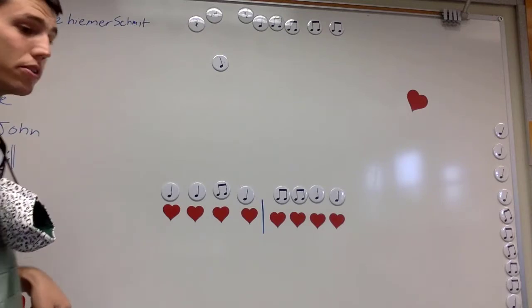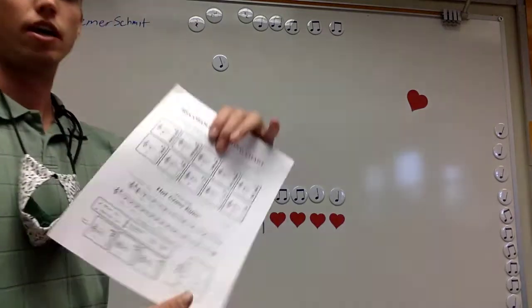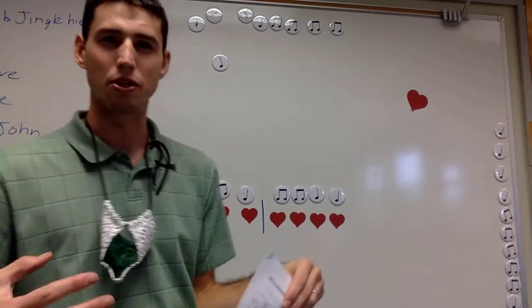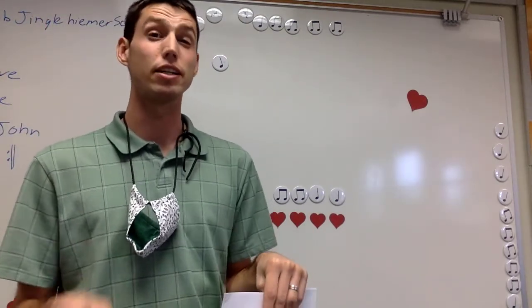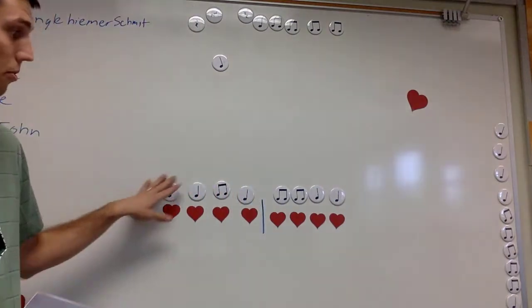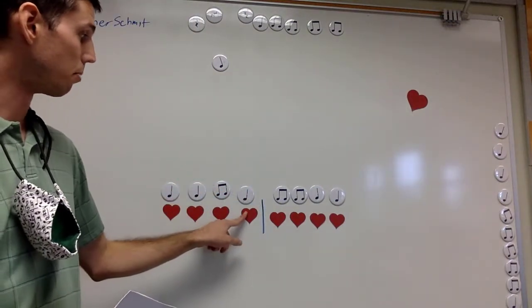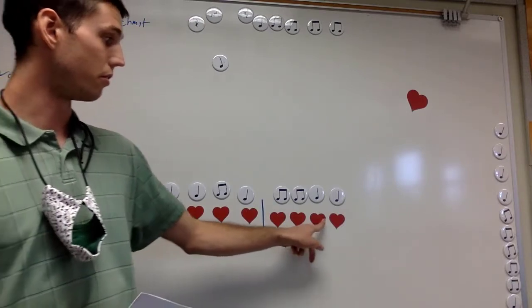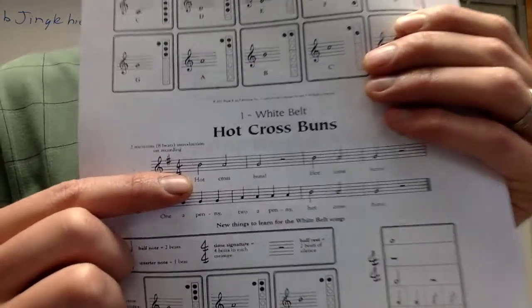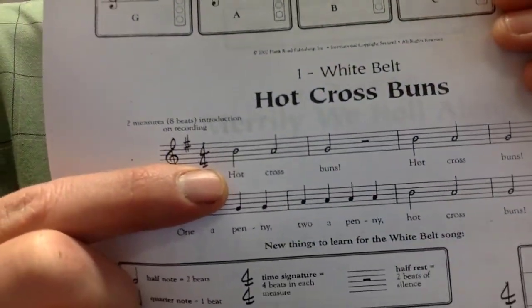Now, what you'll see in the recorder music is all of these bar lines. And they just kind of keep our music organized. All of the songs, except for one in the belts, are in 4/4 time, which means there's 4 beats per measure. And then there's a bar line. 1, 2, 3, 4. And then there will be another bar line. Even like our first song, those half notes, each of those being 2 beats long.